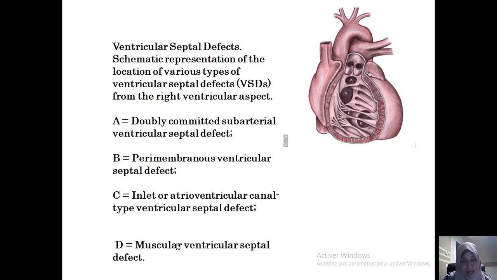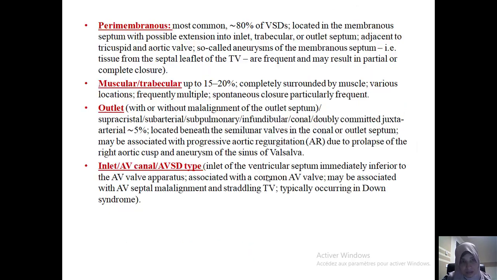And in the same way as ASD, we distinguish 4 locations of ventricular septal defects. It may be a doubly committed subarterial ventricular septal defect, a perimembranous ventricular septal defect, an inlet or atrioventricular septal defect, or a muscular ventricular septal defect.